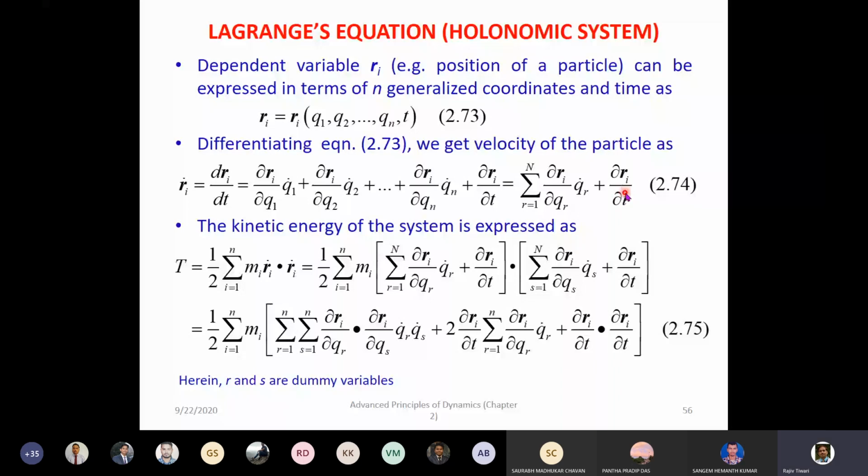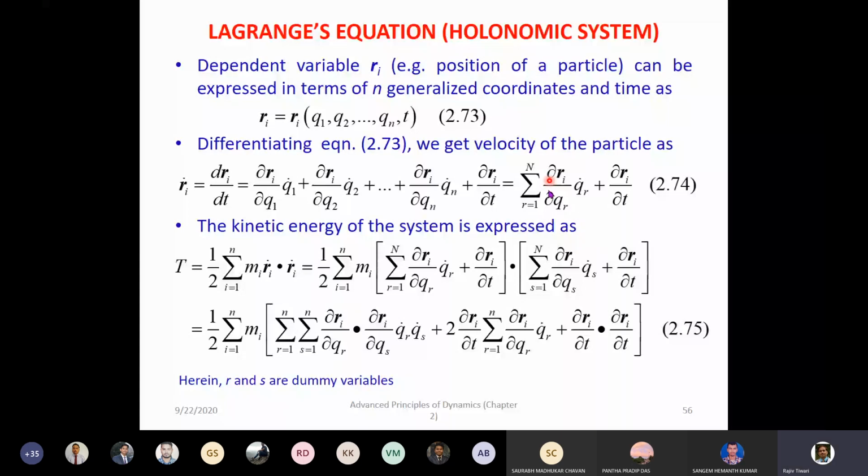Actually, we are aiming to obtain the kinetic energy of the system, so we obtained the velocity. As we know, the kinetic energy is given by half summation over all the particles of mass into velocity square. So the velocity expression which we obtained we'll substitute here.